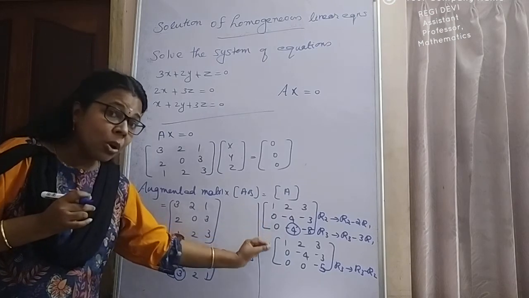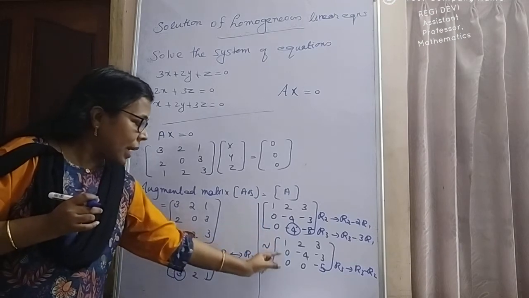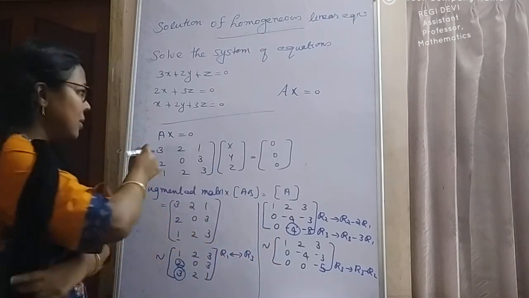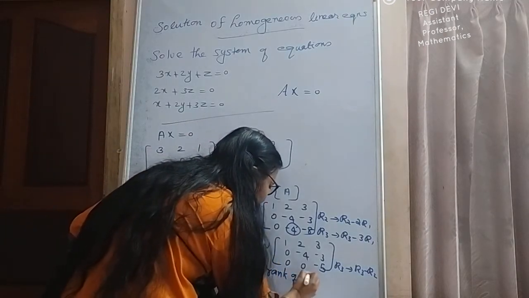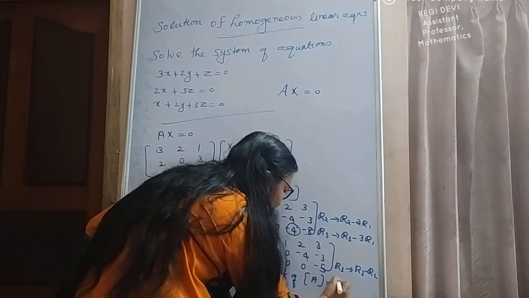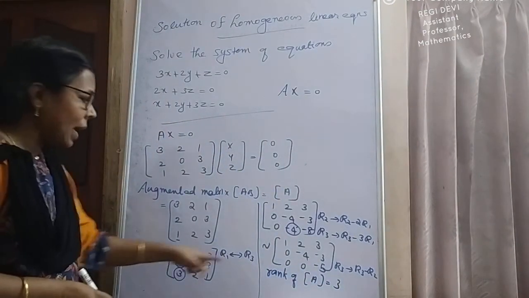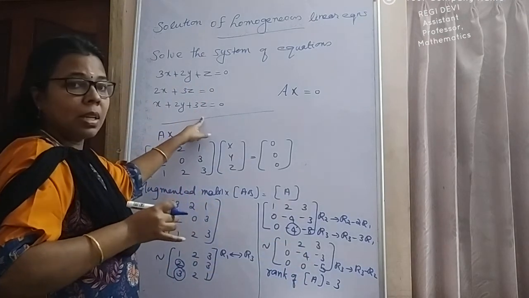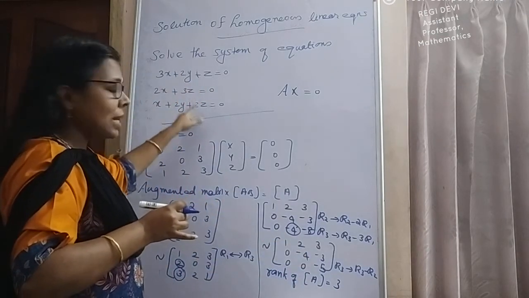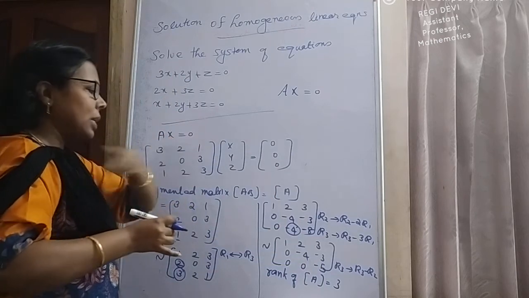Now what about the rank of A? Rank of A is 3. What about the number of variables? The variables are x, y and z, that is also 3.